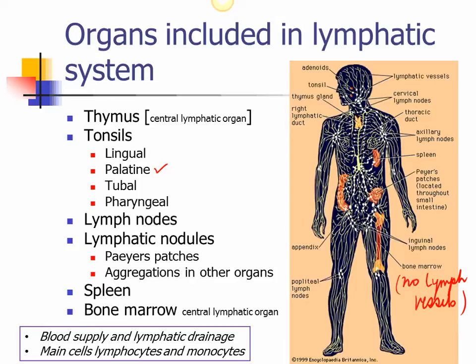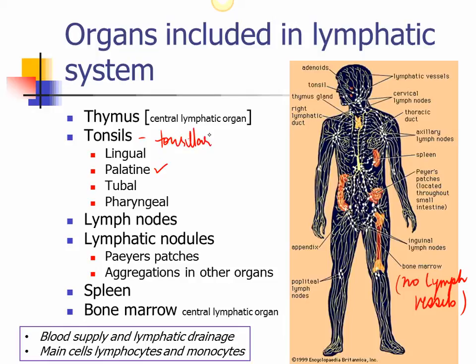And what you're feeling when you press along your neck, you're not really feeling the tonsil. What you're feeling is a lymph node that the tonsil drains into. So if that palatine tonsil is inflamed, that lymph node will be swollen, and that's what the doctor is really feeling.